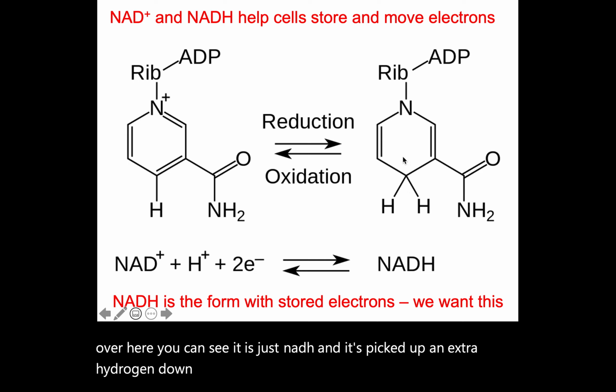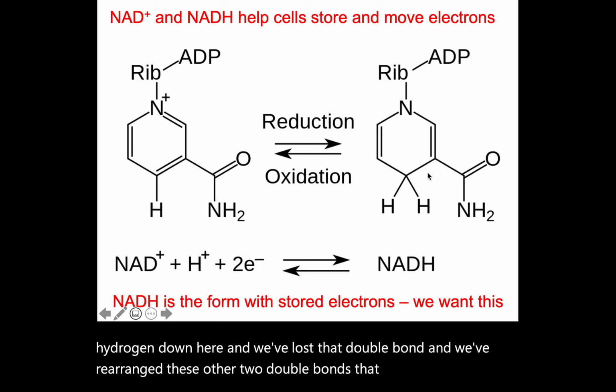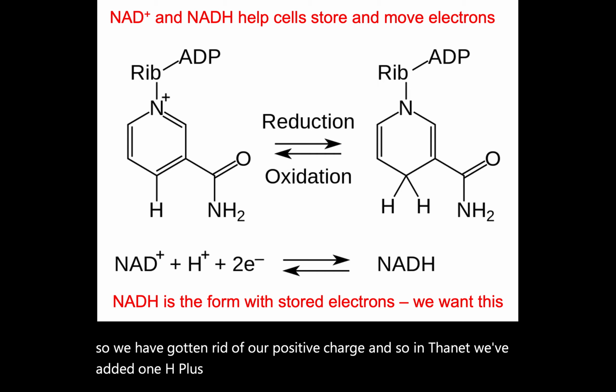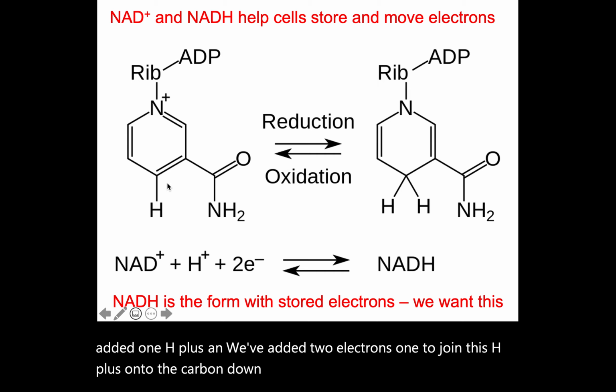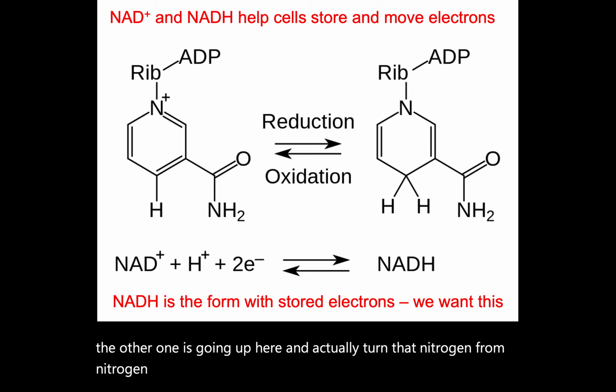And we've lost that double bond, and we've rearranged these other 2 double bonds so that they're over here. And so we have gotten rid of our positive charge. And so in the net, we've added 1 H+, and we've added 2 electrons, one to join this H+ onto the carbon down here and get rid of a double bond, and the other one is going up here and actually turning that nitrogen from nitrogen with a positive charge to just plain old nitrogen, neutral nitrogen.